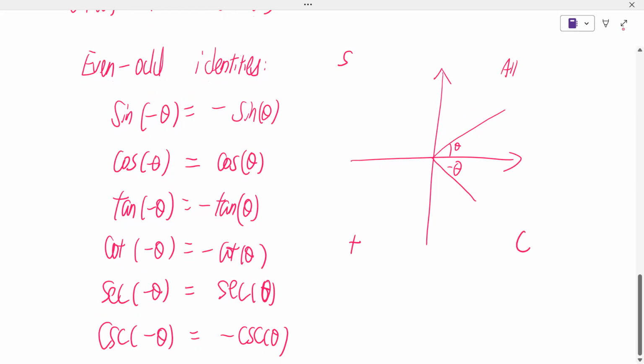Sine negative theta will be negative. So that's why it's equal to minus sine theta. So basically, we just prove it. And then for cosine, cosine negative theta, because cosine in the fourth quadrant is positive as well. So cosine negative theta is the same thing as cosine theta.